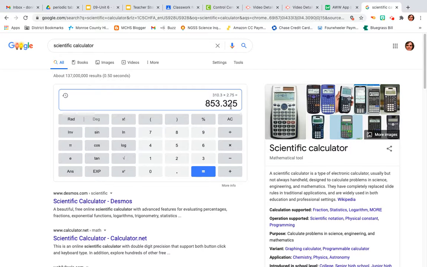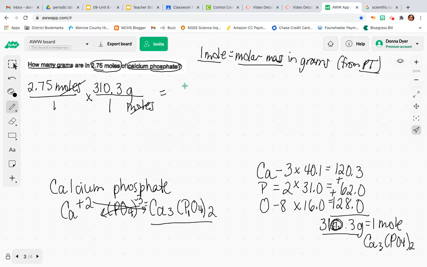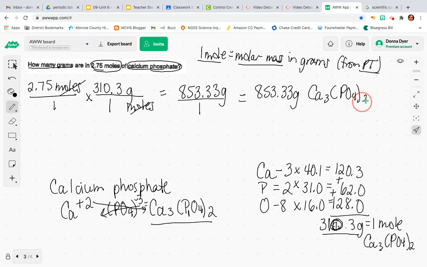The 5 does round this 2 up to a 3, so 853.33. 853.33 grams on the top. On the bottom, 1 times 1 is 1. So our answer is 853.33 grams. And again, this is calcium phosphate, Ca3(PO4)2. So what that tells me is 2.75 moles of calcium phosphate is equal to 853.33 grams of calcium phosphate.